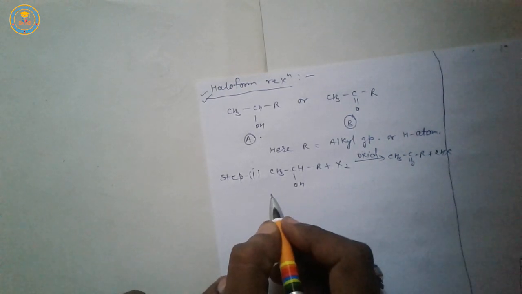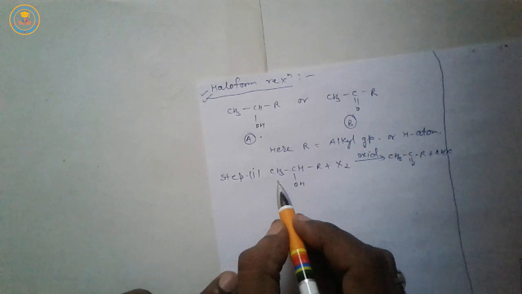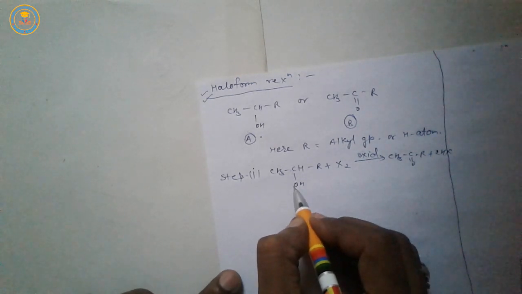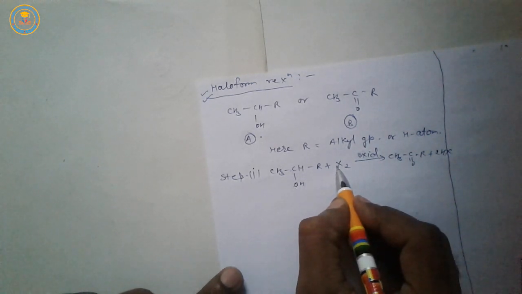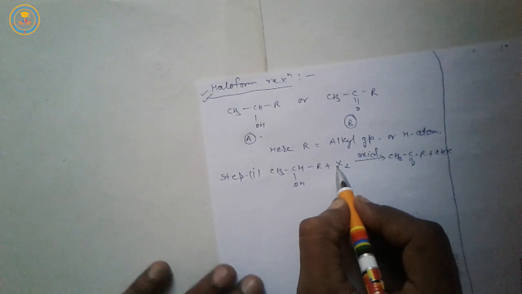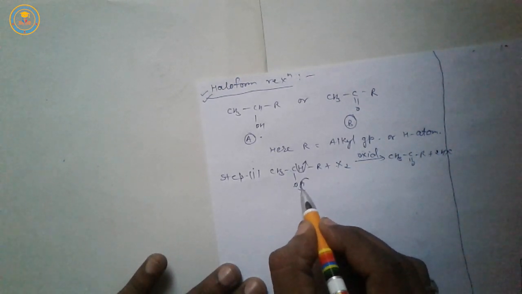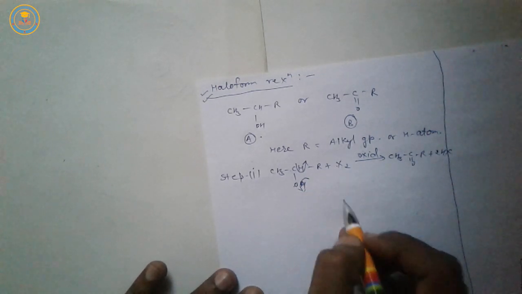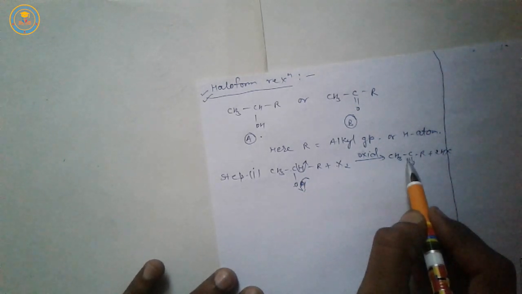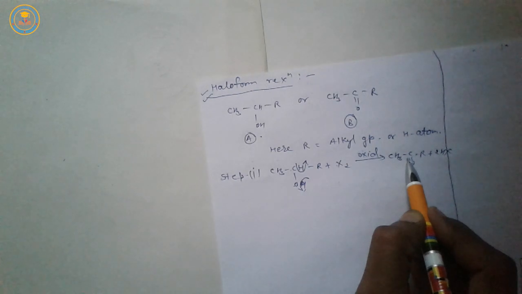Here, a compound having structure A reacts with X2 after removal of two hydrogen atoms like this, then a carbonyl compound having structure B is formed.